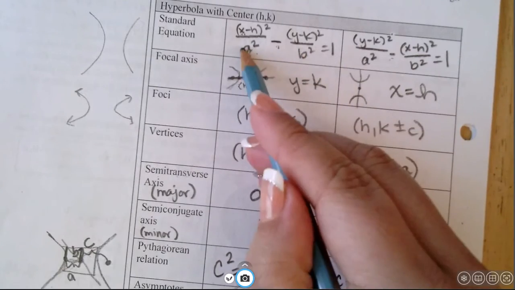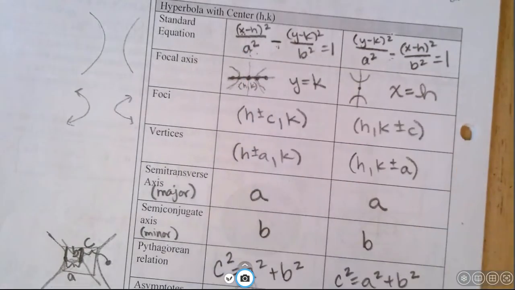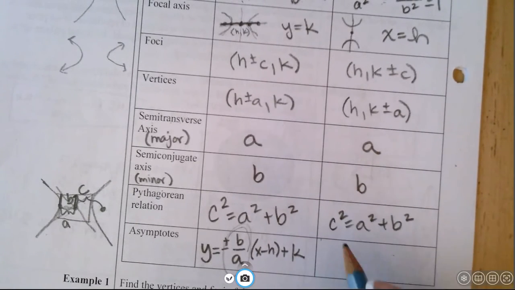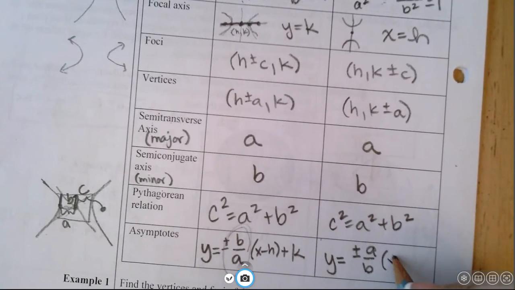Rise over run, right? For our vertical hyperbola, we can do the same thing. We solve for the slope, and this time plus or minus a over b times the quantity x minus h, plus k.